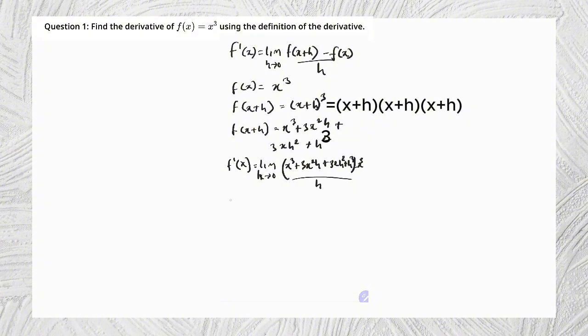Simplify the numerator by subtracting x cubed from x cubed, and you are left with 3x squared h plus 3xh squared plus h cubed divided by h as you limit h to 0.